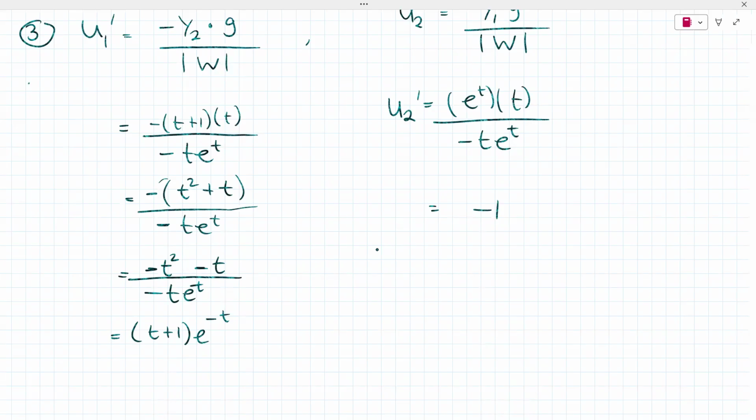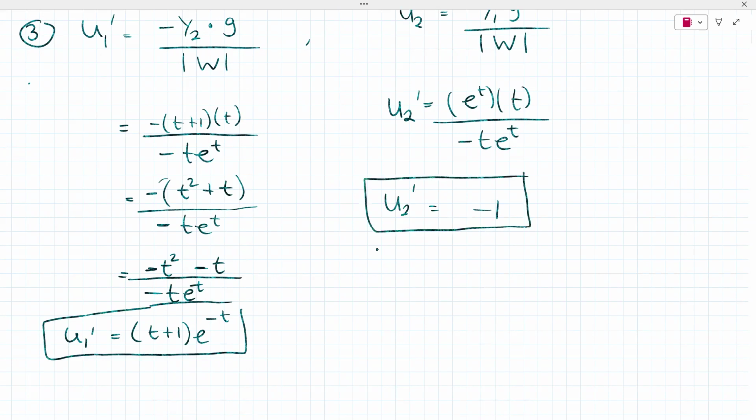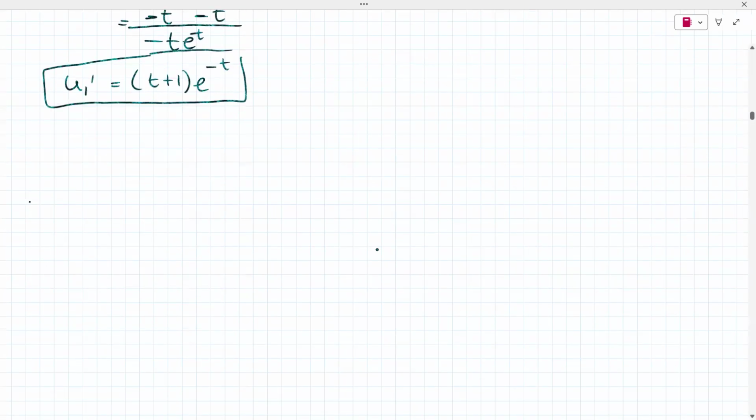Now we've got to find our u1 and u2. So my u1 prime is this, and my u2 prime is that. Then what I'll do is find my u1, which is the integral of u1 prime, and then let's find our u2, which is the integral of u2 prime.